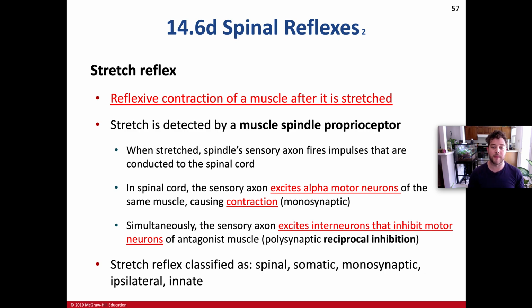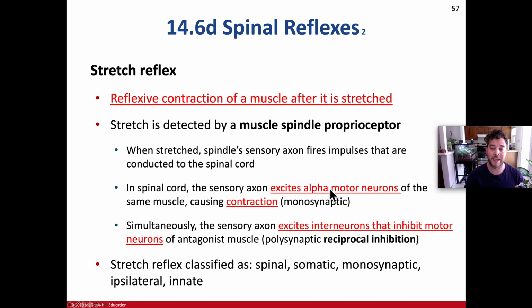Stretch is detected by the muscle spindle proprioceptor. When stretched, the spindle's sensory axon fires impulses that are conducted to the spinal cord. The more a muscle is stretched, the more signals the spindle's sensory axon is going to be sending. So if you remember our neuron lecture, it's going to increase the frequency of its signal, which is going to increase the graded potential, which will make sure that an action potential occurs.